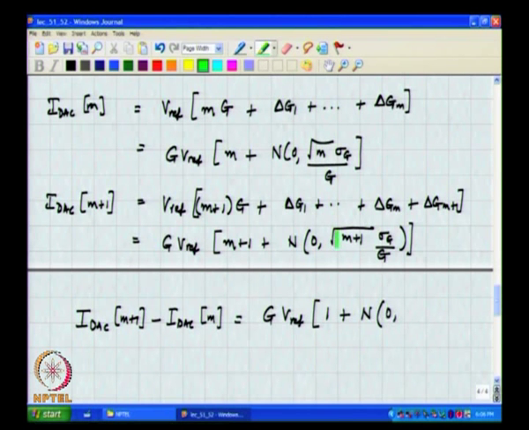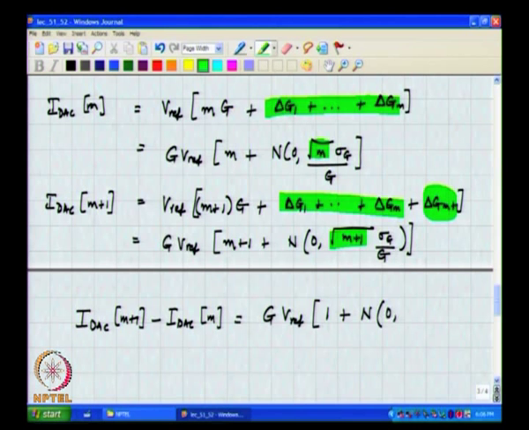It is tempting to conclude that this is square root of 2M plus 1, but that is not correct, because these random variables are not uncorrelated, right. Please note that this G1 through GM is the same for both of them. The only difference between the two is this extra stuff that you have added, right. So, it is N of 0 comma sigma G by G, right.